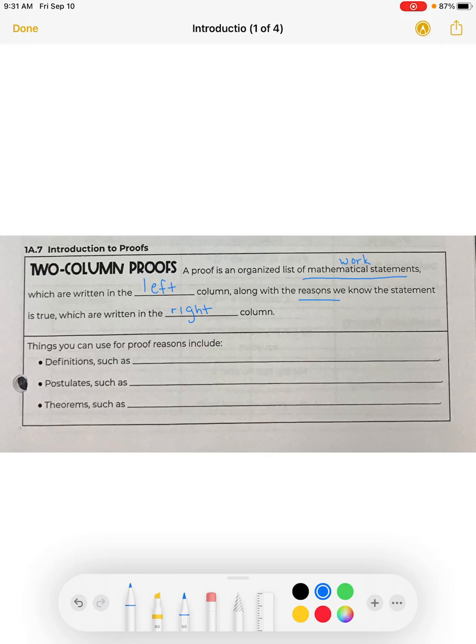Things you can use to prove reasons are definitions, such as we've learned definition of a midpoint. We've learned what bisectors are, so like angle bisector. We could use segment bisector.